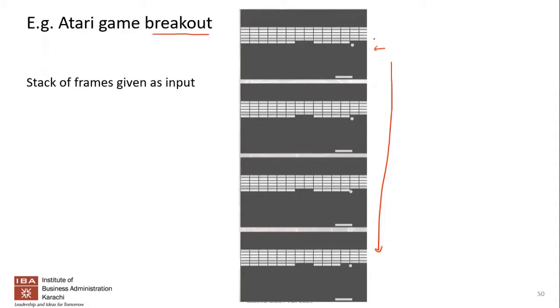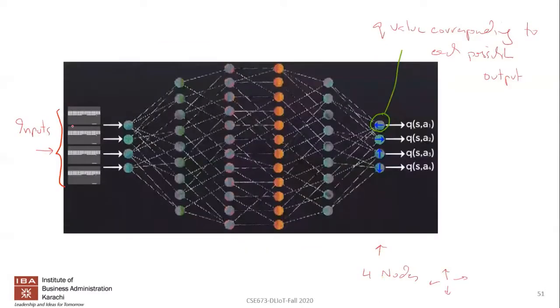The first frame is followed by the second frame, which gives you an idea that the ball, for example, is moving in the upwards direction. Maybe it also gives you an idea of how fast the ball is moving, or in which direction the paddle is moving. So the set of 4 frames is given as a single input.